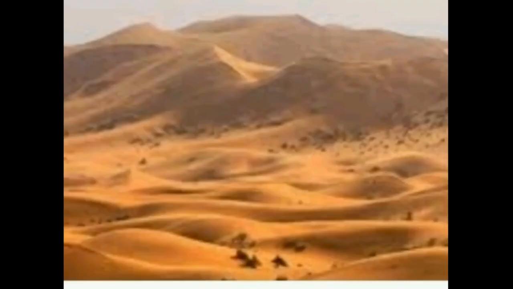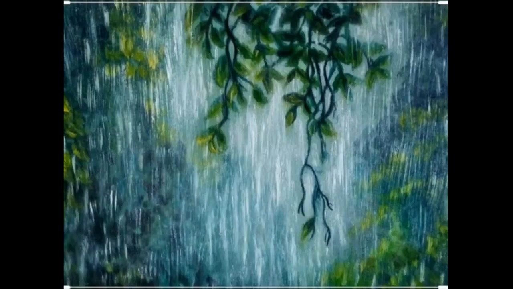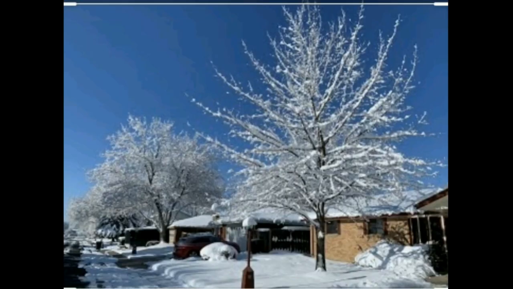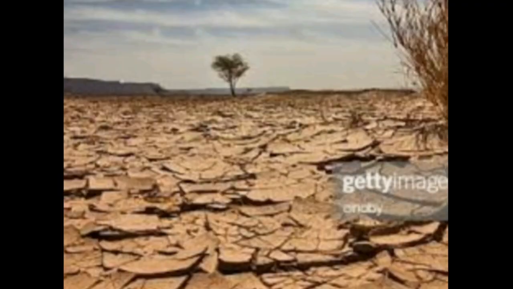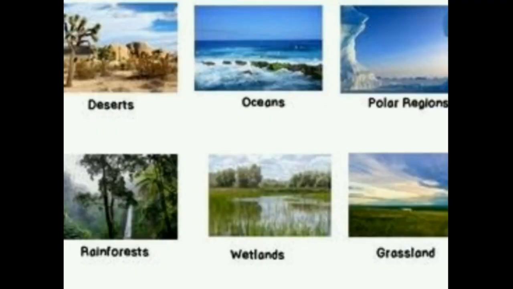Some places have heavy rainfall. Some have snowfall. Some are very hot and dry. Different types of plants adapt themselves to the natural conditions of their area, which helps them to survive comfortably. For example, a cactus plant that grows in a desert area cannot grow in the coastal area.